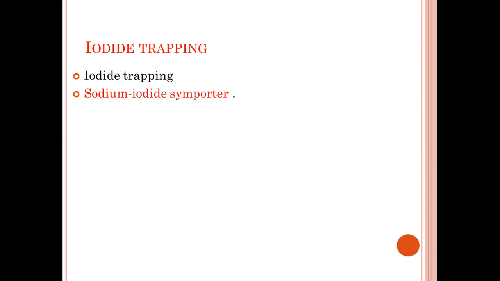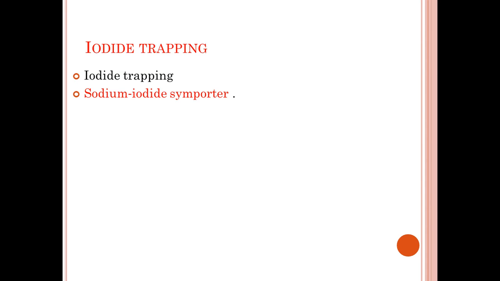The uptake of iodide by the thyroid is an active uptake by the thyroid gland under the control of TSH, the thyroid stimulating hormone, by the sodium iodide symporter.